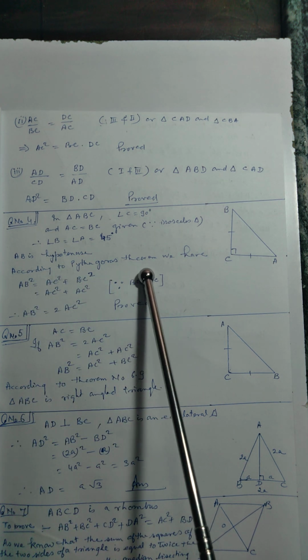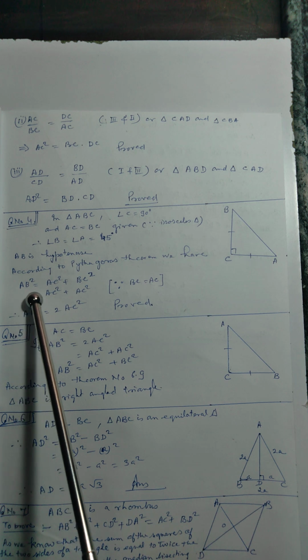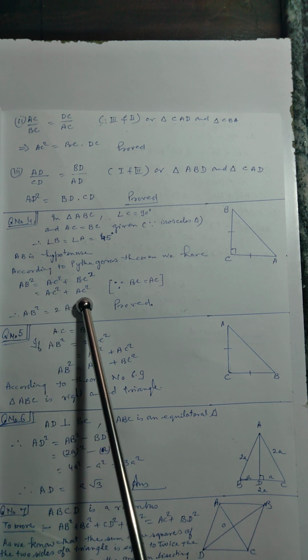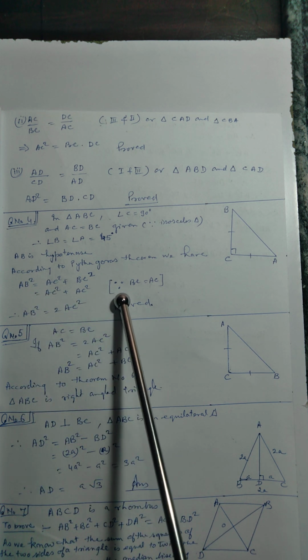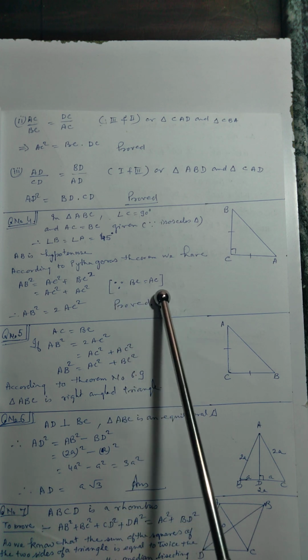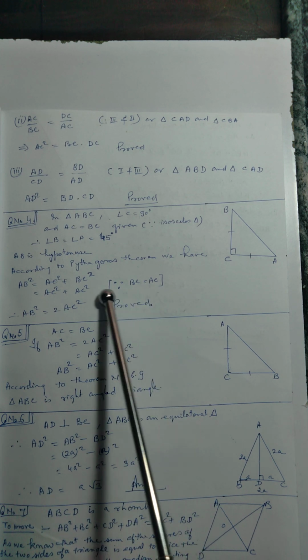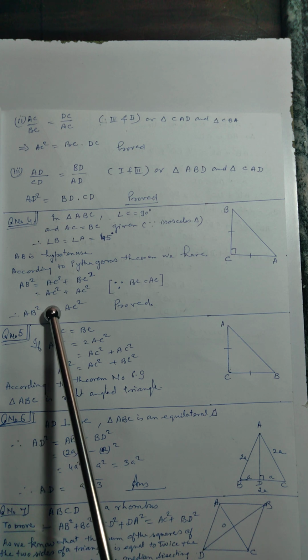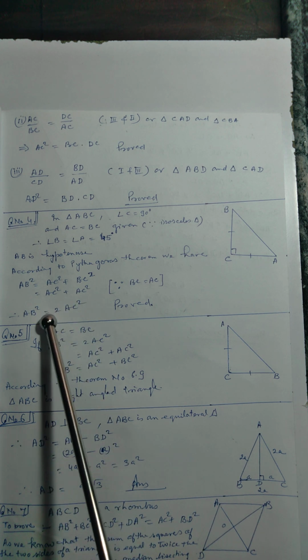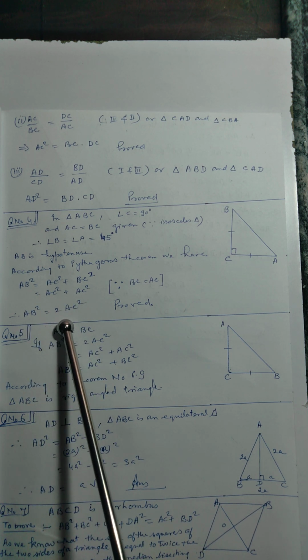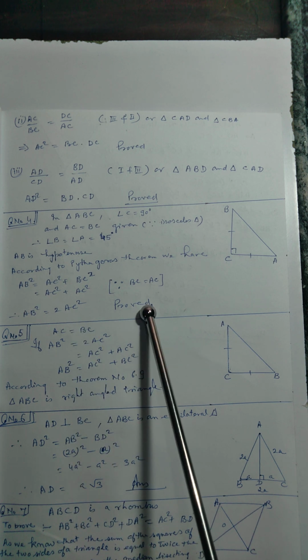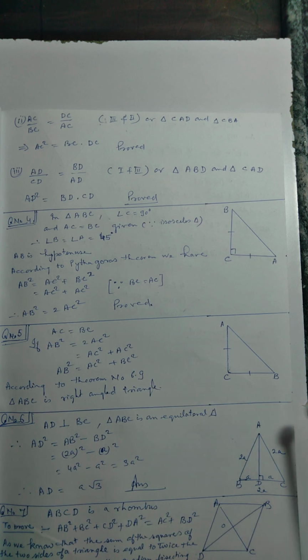According to the Pythagoras theorem, we have AB square is equal to AC square plus BC square. Here in place of BC I have written AC, it is already given. So AC square plus AC square. So AB square will be equal to twice of AC square. Hence it is proved. Now proceed to the question number 5.